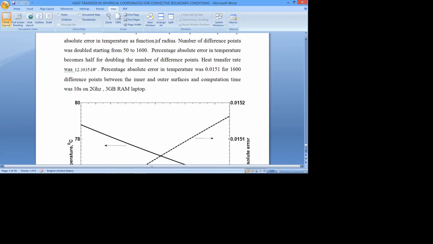And in this case the heat transfer rate comes out to be 12.3935 kilowatt. The percentage error in temperature was 0.0151 for 1600 difference points. So this is the plot for temperature.